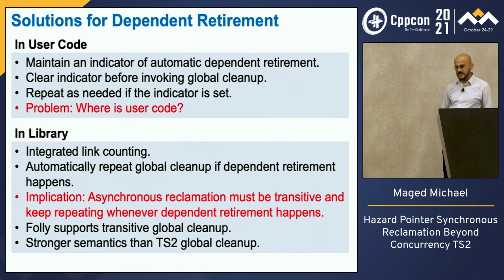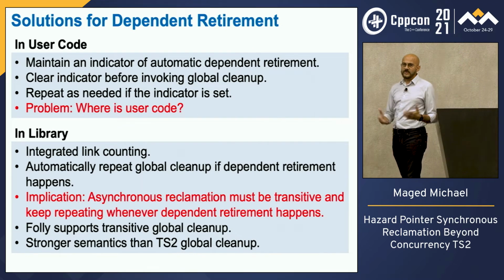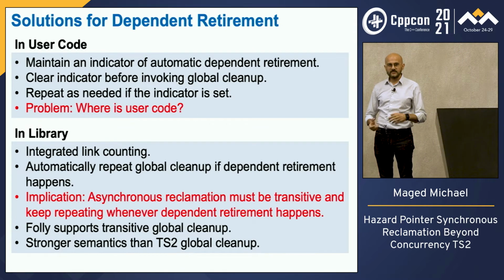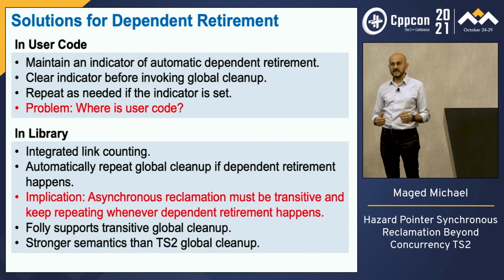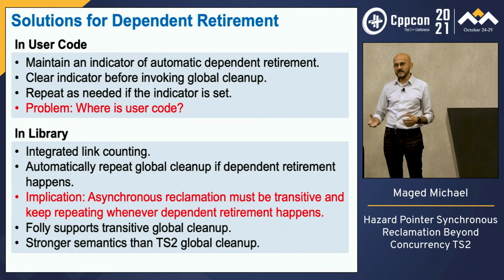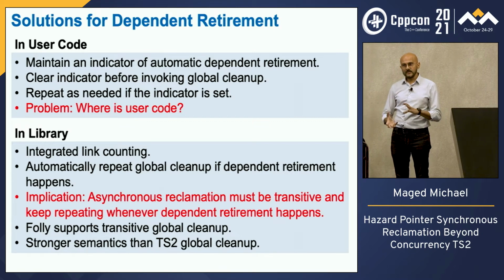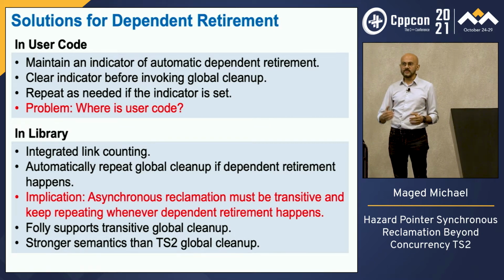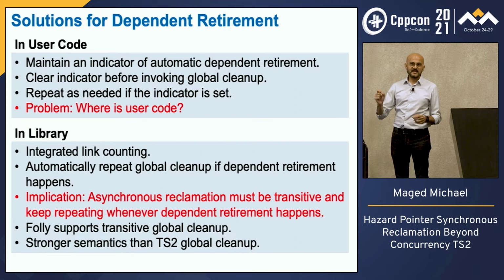How do we remedy this? One solution might be user code with an indicator: when we retire A and when we retire B, we set an indicator. When the thread is about to do global cleanup, it clears that indicator, and if during cleanup the indicator gets set again, the thread knows to call cleanup again, and again.